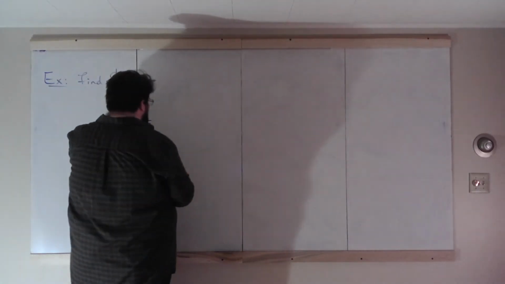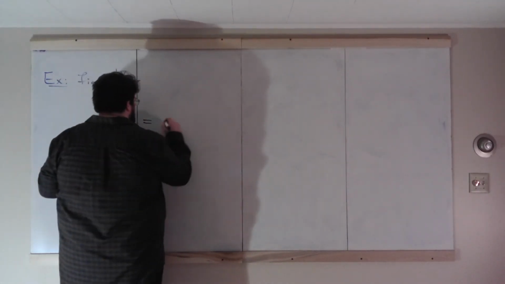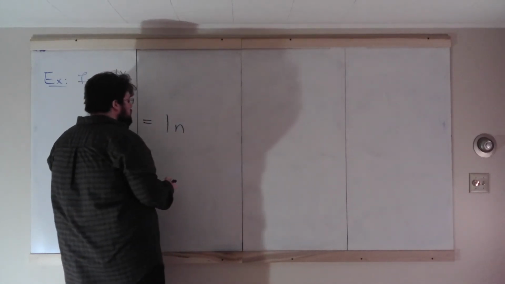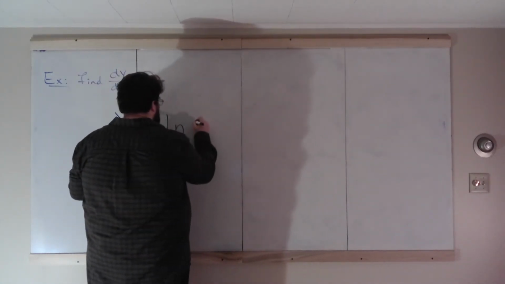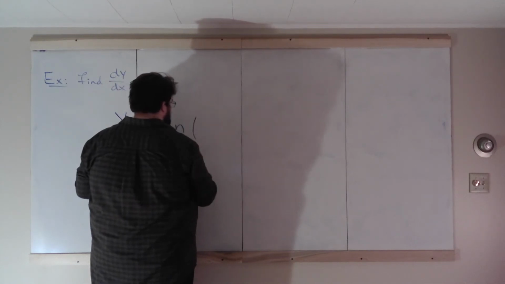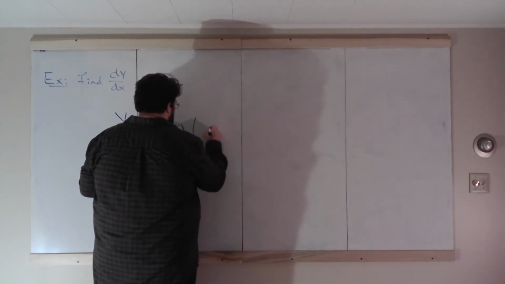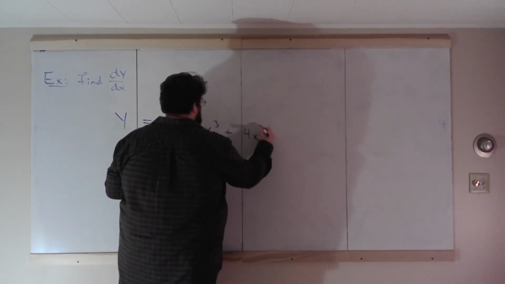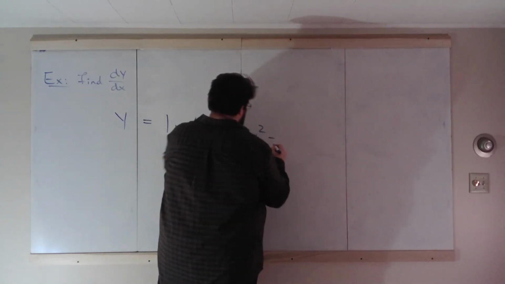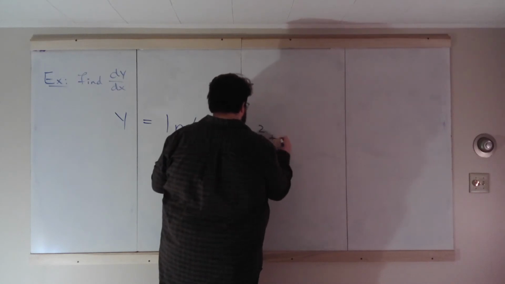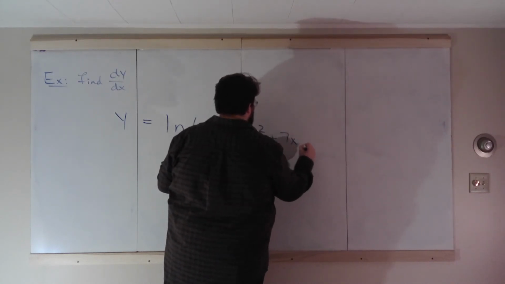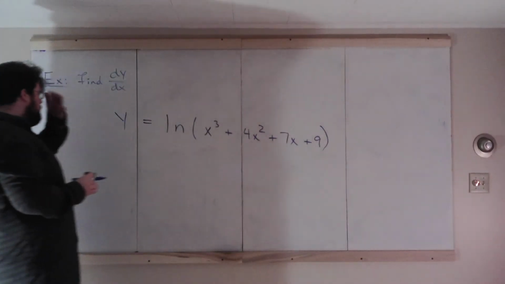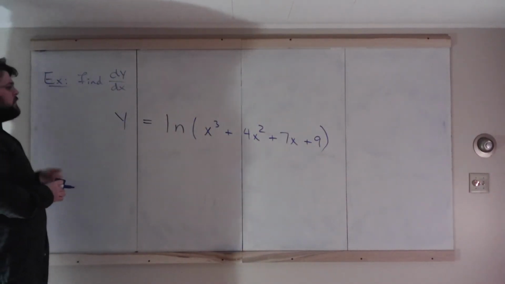Let's do one more. And this will actually lead us into an application. Natural log of x cubed plus 4x squared plus 7x plus 9. What would our derivative here be?